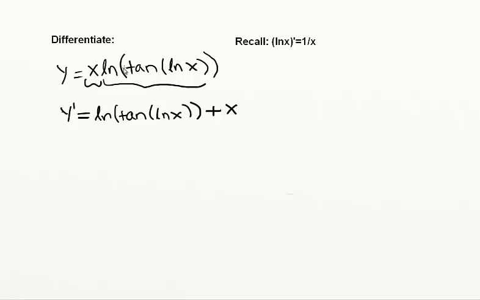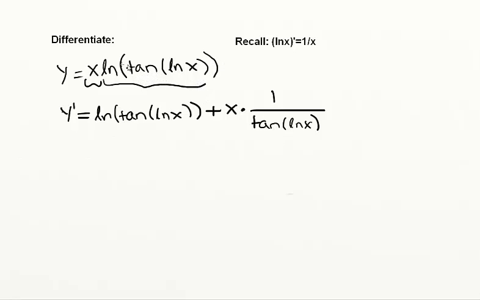Well, this is going to involve a couple of chain rules, but the important thing to notice is the outermost function is a natural log. So the natural log of x has a derivative of 1 over x. But instead of 1 over x, we're going to have 1 over everything that's inside this outermost natural log. So what's inside of it is the tangent of the natural log of x. Alright, so that's going to be our first step.